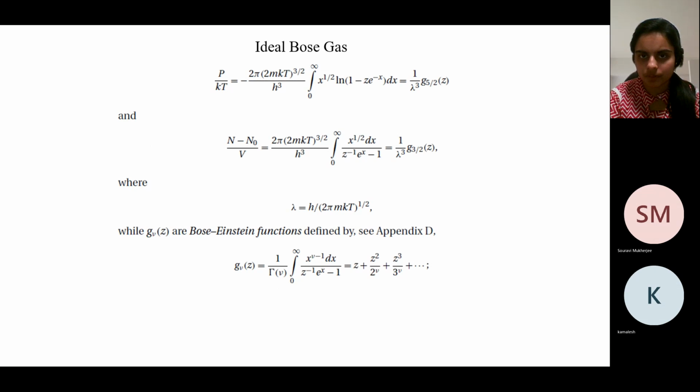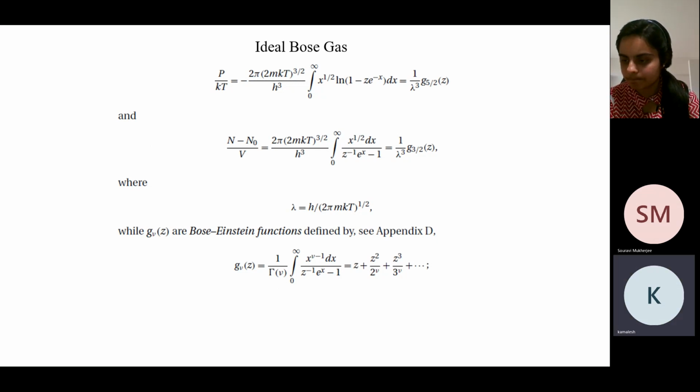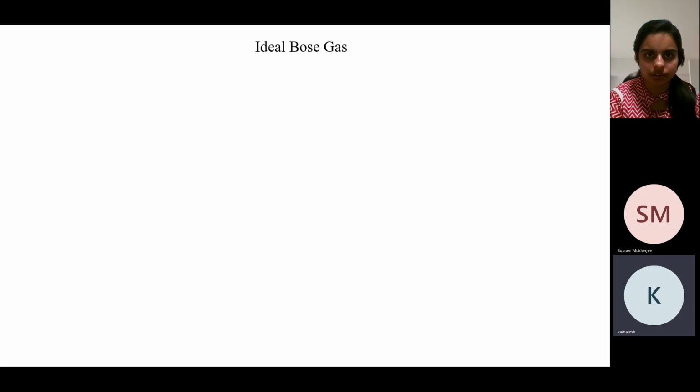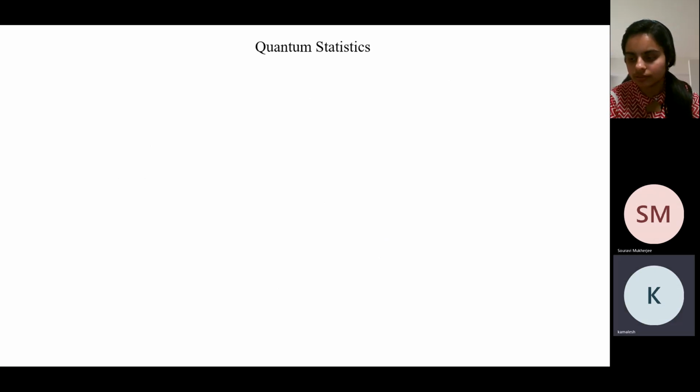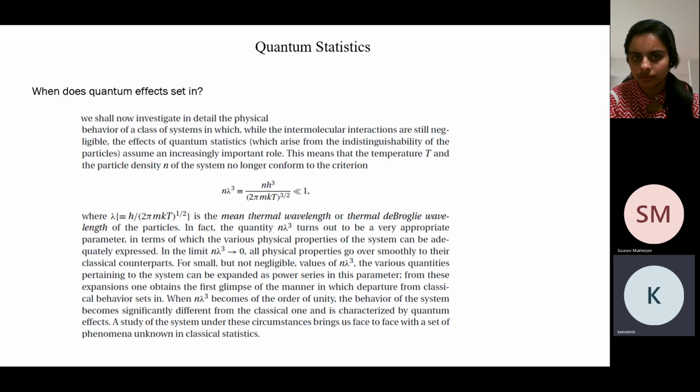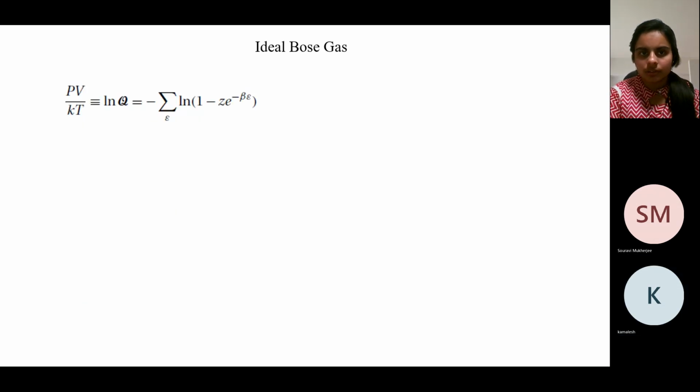What exactly is the doubt? Should I explain how we get this? Can you explain how you would get the series in the integral?